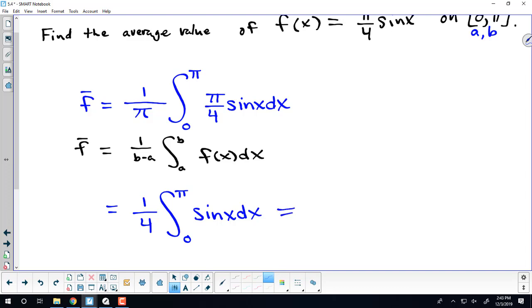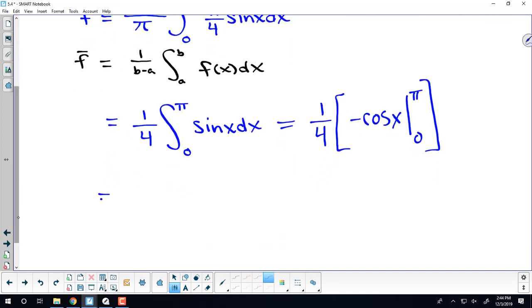What's the antiderivative of sine? Negative cosine, evaluated from 0 to pi. Honestly, I would put that negative out front and multiply it in later.